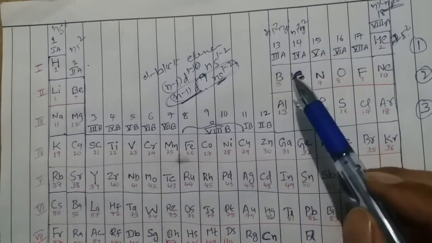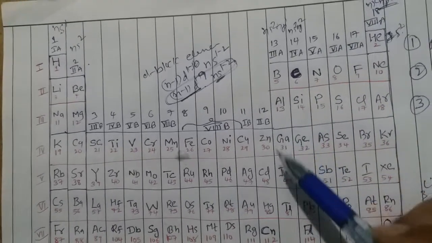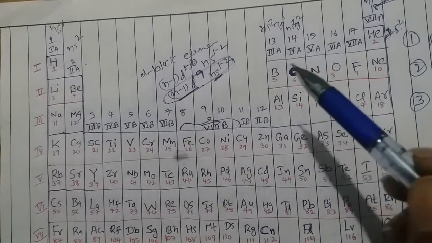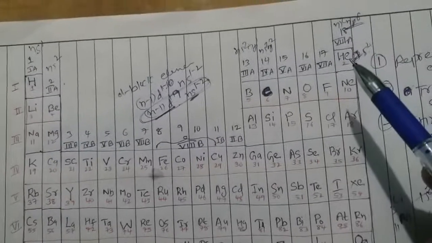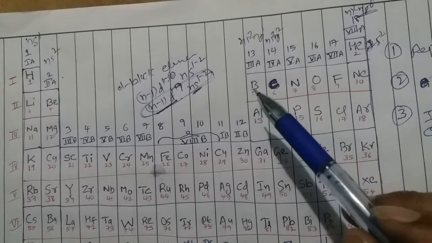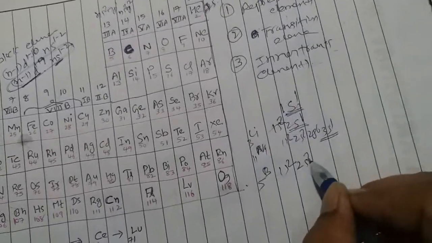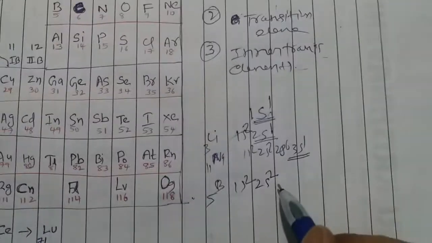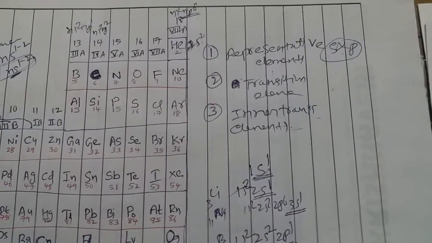Coming to p block elements. These are p block elements because from the boron family to the zero group family, the differentiating electron will enter into the p subshell. For example, boron, atomic number 5, is 1s2 2s2 2p1.